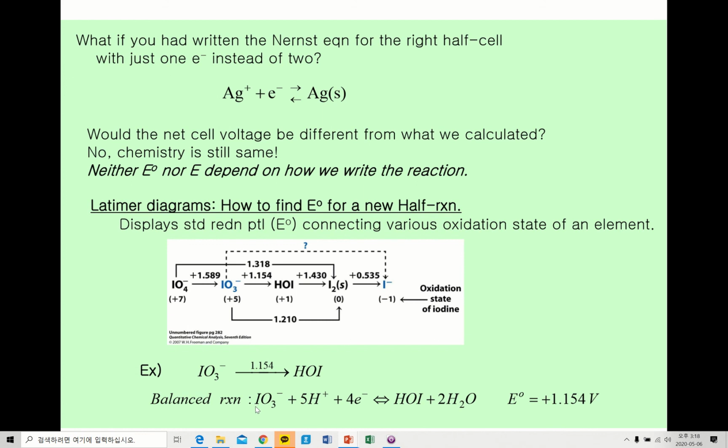On the left hand side there is only one iodine, and on the right only one. There are 3 oxygen atoms on each side, and 5 hydrogen atoms on the left and also 5 on the right. So this is correct.